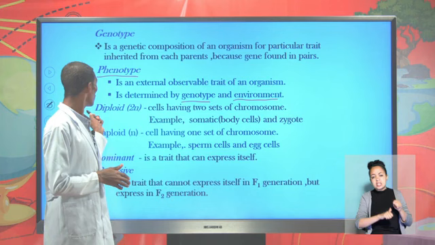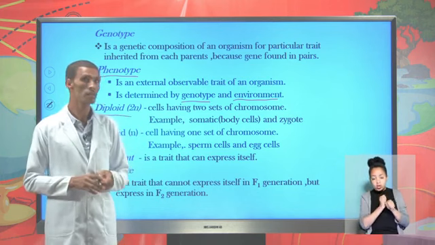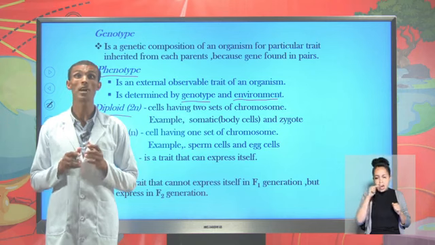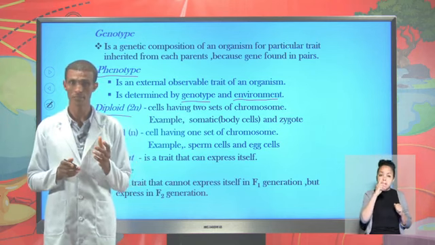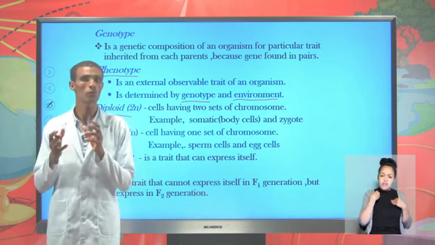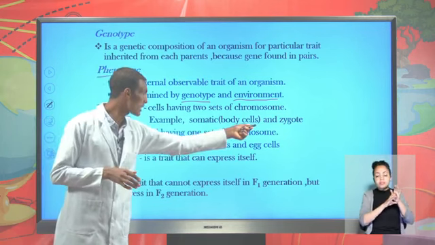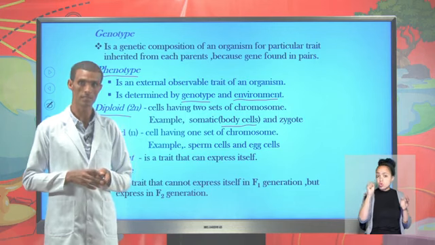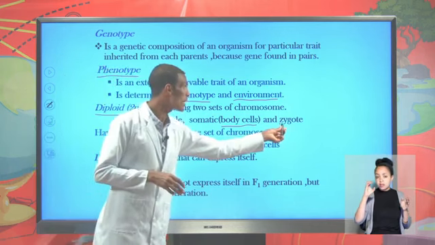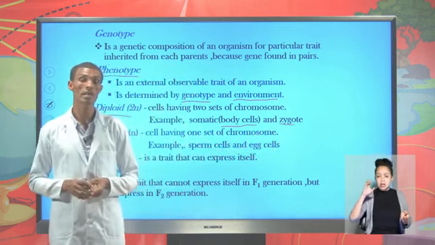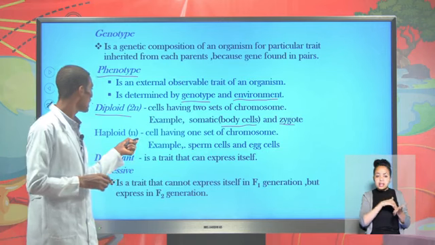The other point that we can work with is diploid and haploid. When you say diploid, or 2N, it is a cell having two sets of chromosomes. For example, cells like somatic cells or body cells, and zygotic cells, are considered diploid. Two sets are found in them. And the other is haploid.